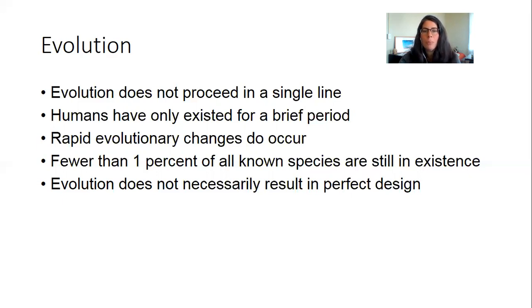Interestingly, fewer than 1% of all known species are still in existence. And evolution does not necessarily result in perfect design, right? It's a good enough solution to an evolutionary challenge that was developed based on the material that had already been present in generations previous.